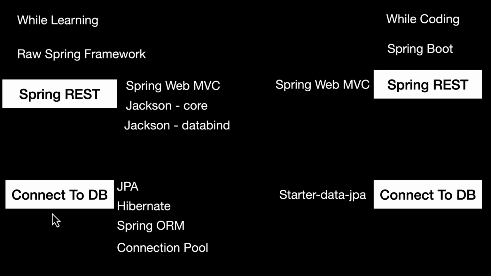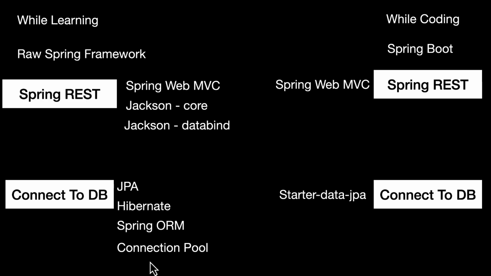So obviously this guy will be more knowledgeable by the time he is done with the Spring framework, and whenever he switches to Spring Boot, he will say, okay, now Spring Boot is helping me do all this stuff, so I know what is going on behind the scenes. Now as a developer I am fully confident to use Spring Data JPA because I know how it works behind the scenes, because I have done it manually while learning the raw Spring framework, Spring ORM, Hibernate and all this other stuff.